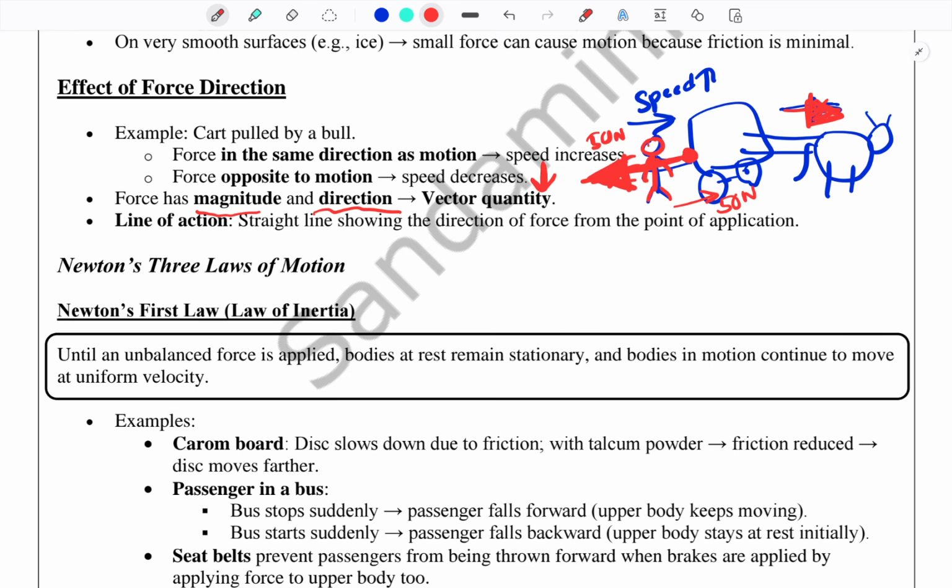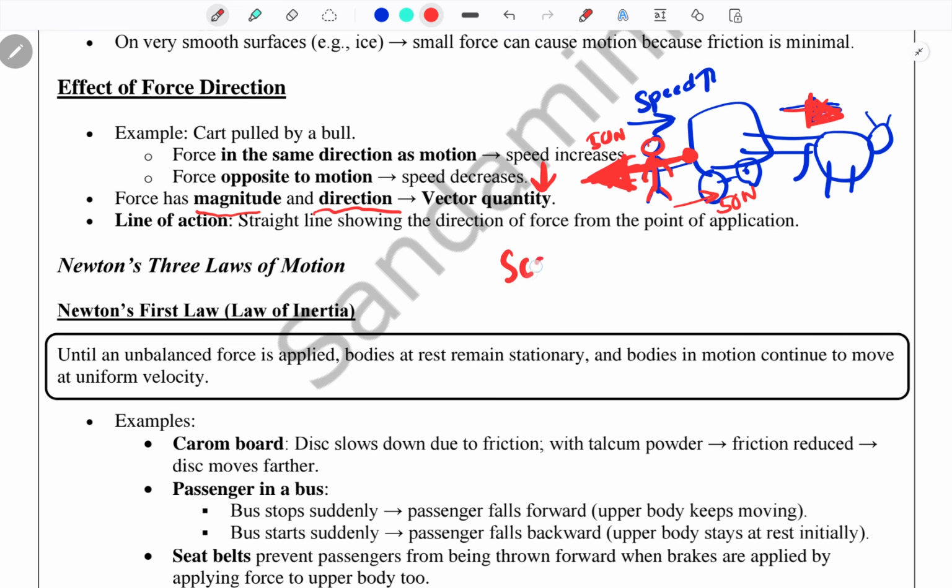In my previous video under unit 2, I discussed vectors and scalars. We divide physical quantities as vectors and scalars. To be a vector, a physical quantity should have both magnitude and direction.